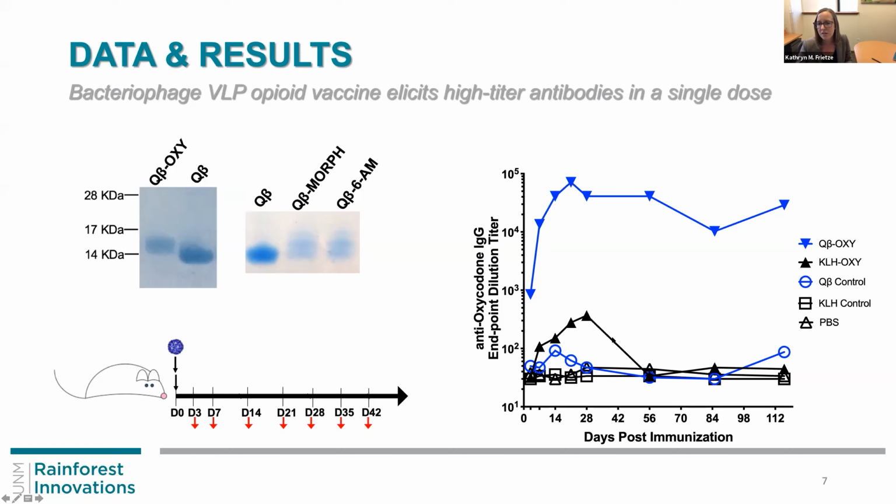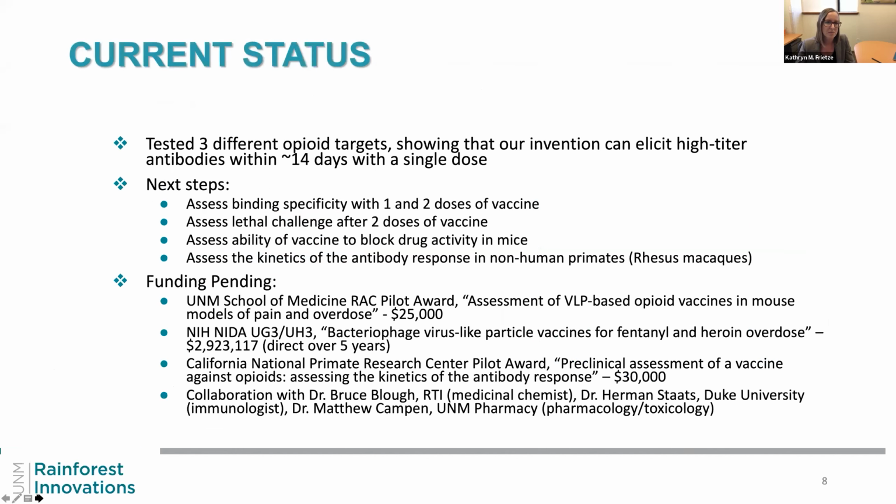The other lines down here, I especially want to draw your attention to the black triangles. This is oxycodone conjugated to a protein called KLH, which is a competitor strategy. And you can see that with a single immunization, much lower peak titers are reached, and these wane very quickly. So we think our strategy is going to be a lot better than competitor strategies.